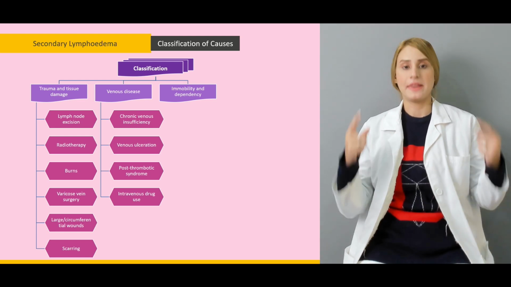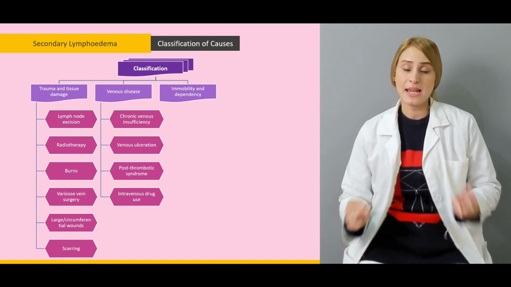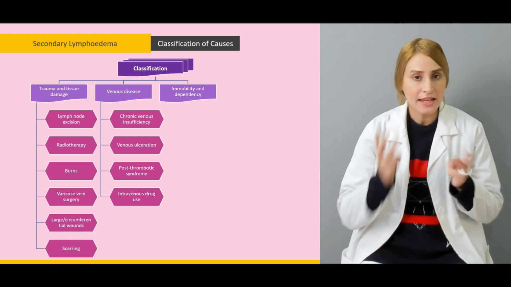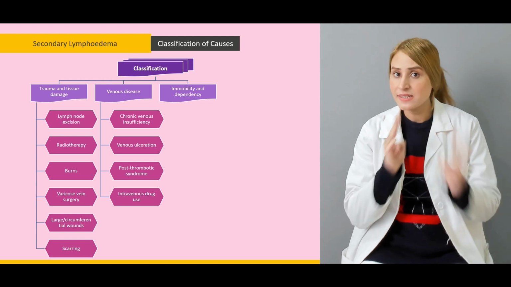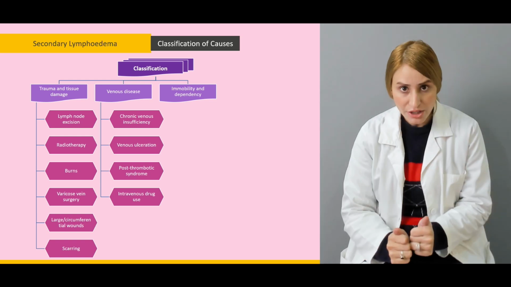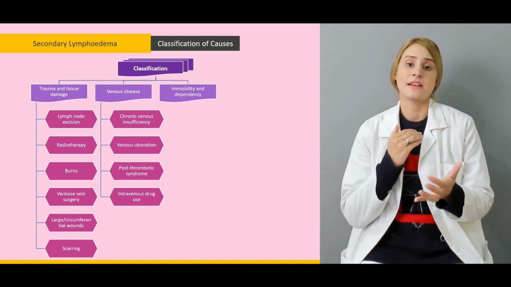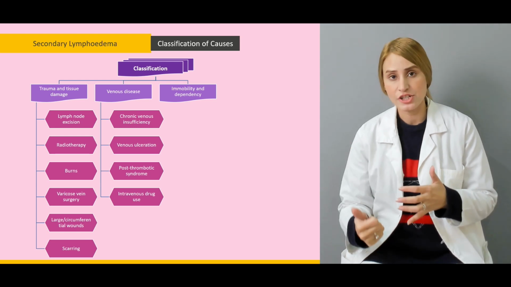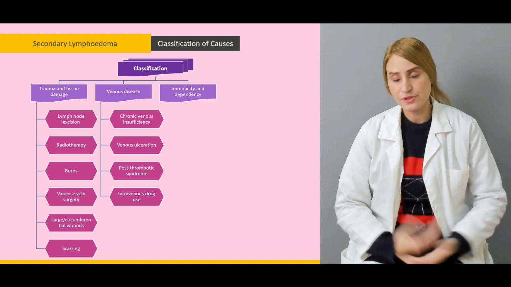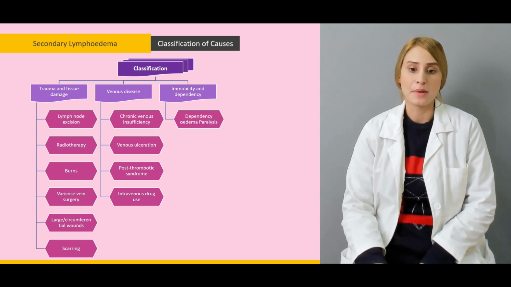So remember the malignancy. Remember the tissue damage or trauma. Remember some kind of intervention with a lymph node, some kind of surgery, radiotherapy, venous diseases like venous ulceration, chronic venous insufficiencies, post-thrombotic syndromes, or superficial venous thrombophlebitis.